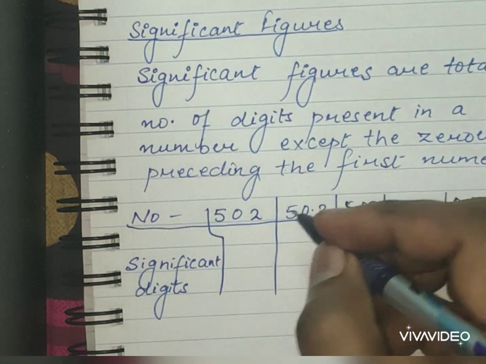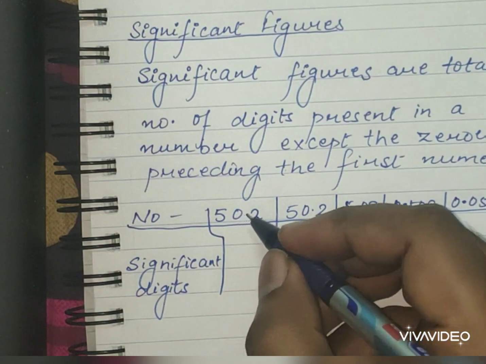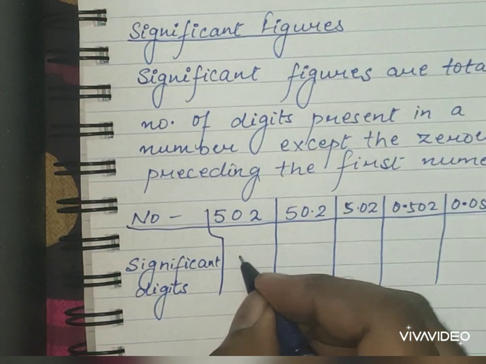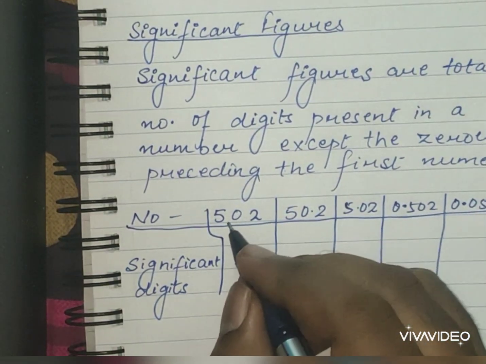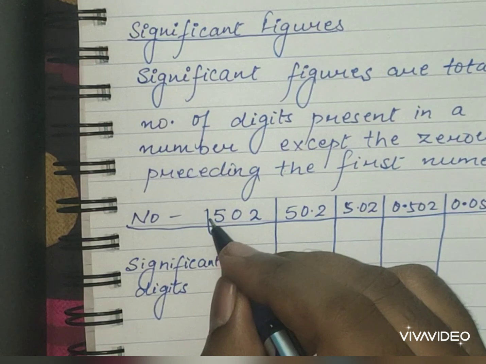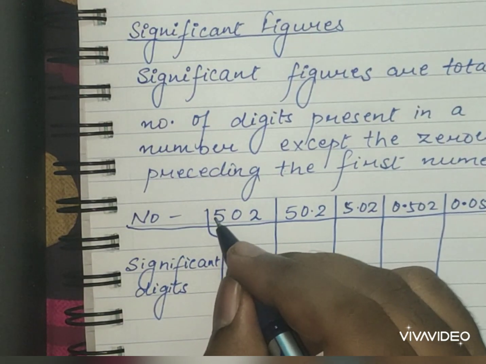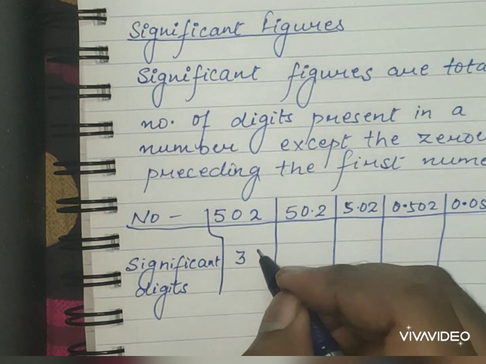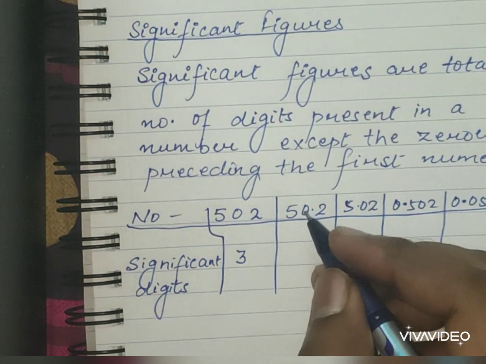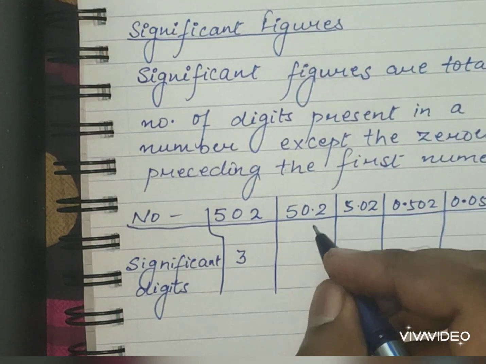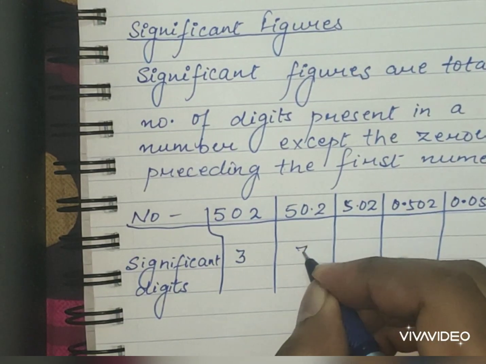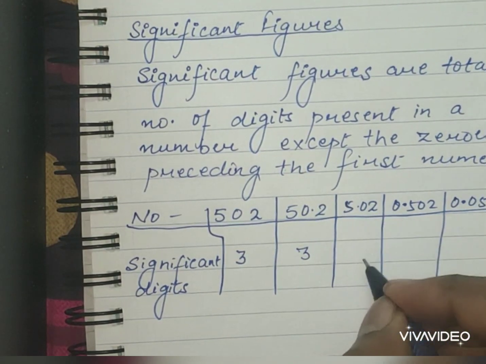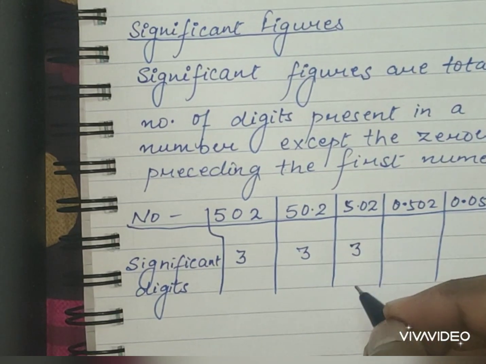As the number is written 502, how many significant digits are there? 3, because here 0 is not coming before 5, it is coming after 5, so it will be counted. Now you can see 50.2 is written, so the significant digits will be 3. Here you can see 5.02 is written, so 3 significant digits.